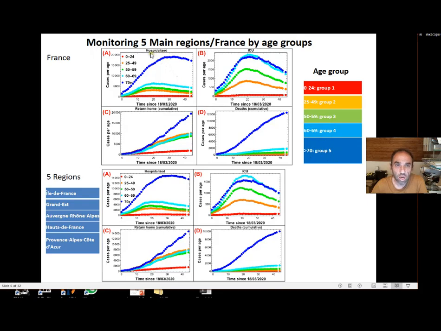We have plotted here public data about hospitalization per group, the intensive care unit per group, the return home cumulative, and the death cumulative. This is for France, and this is for the five regions. To monitor the differences between the five regions and France, we divided the cases for France by the cases for the five regions.